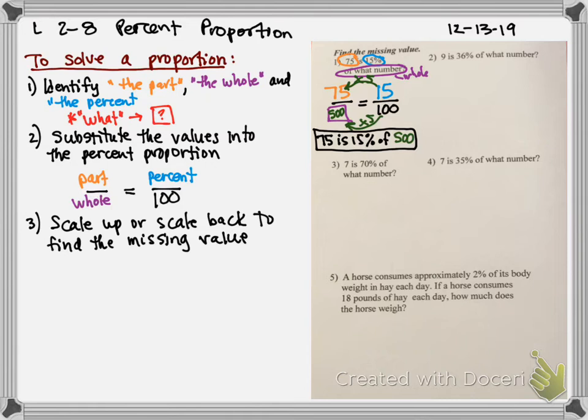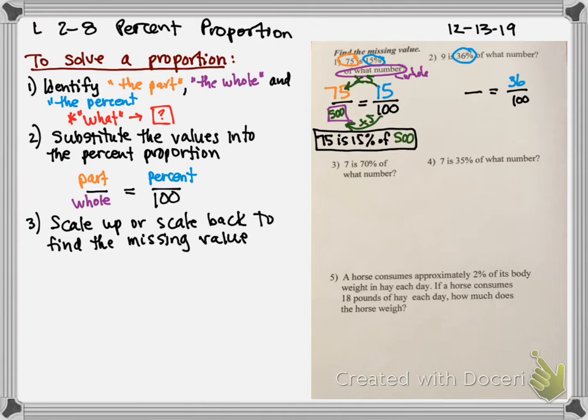Okay, so let me get my frame in over here. 9 is 36% of what number? Again, the percent number is so easy. He's going to go over the 100. Let's see, 9 is what percent of what number?